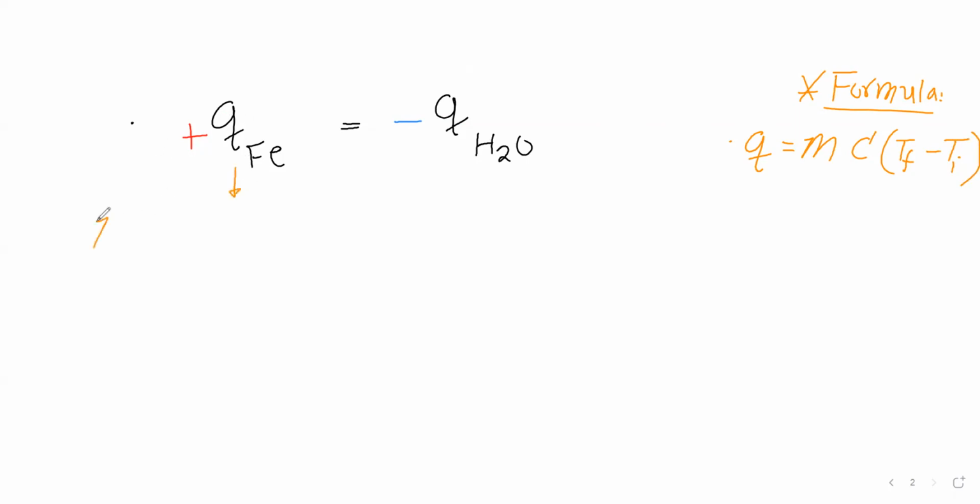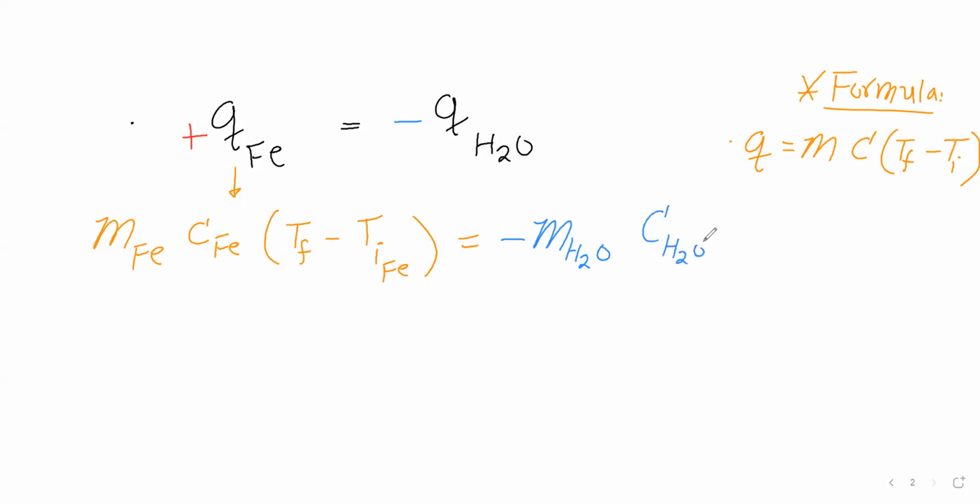Q, the heat of iron, should be mass iron, specific heat iron, final temperature minus initial. This equals negative mass water, which is what we're trying to find, specific heat water, temperature change.